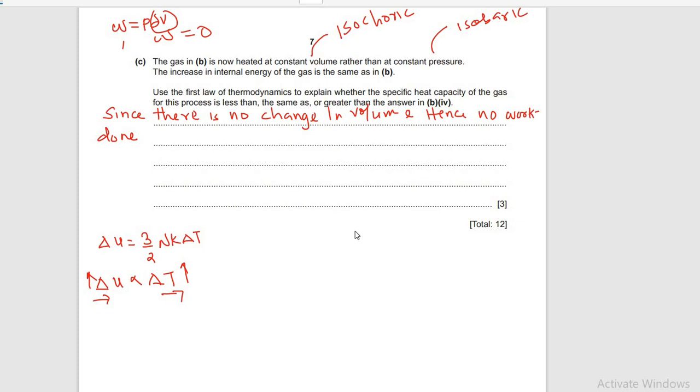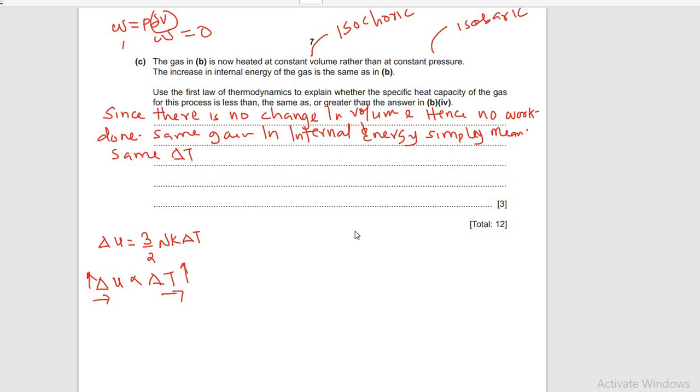So same gain in internal energy simply means same change in temperature.